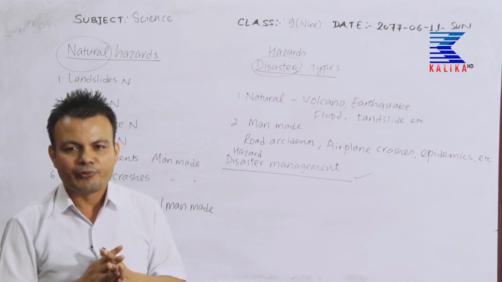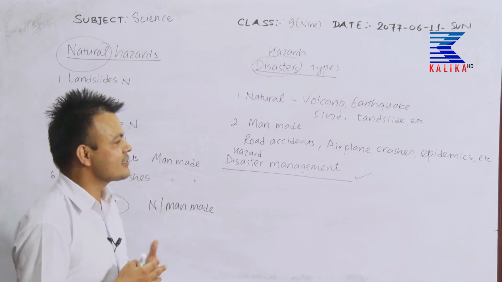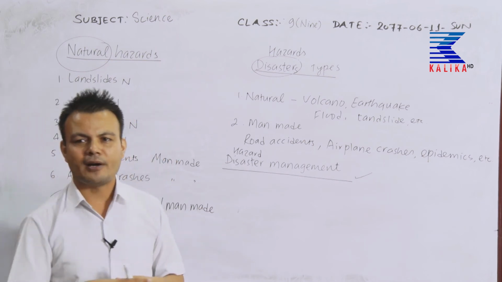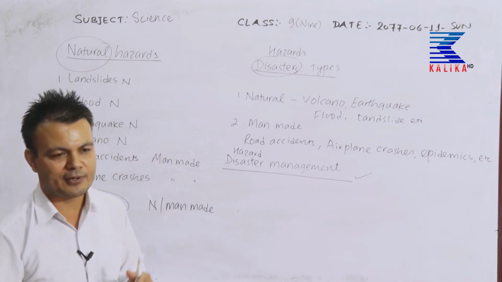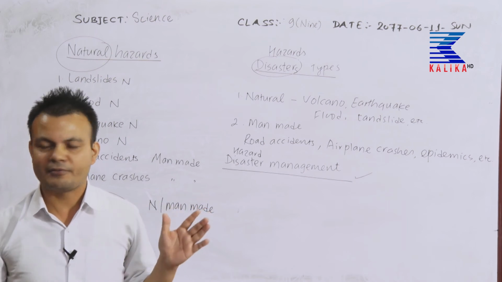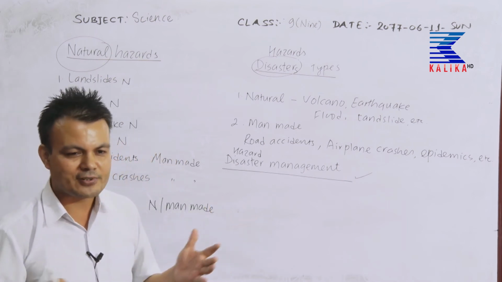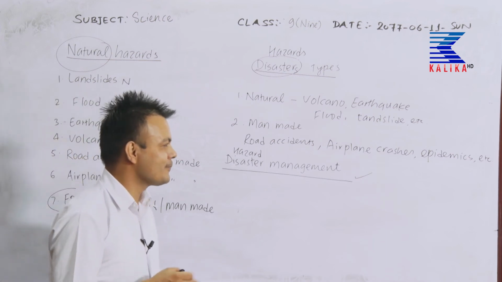But if we practice good management, we can minimize the damage or loss caused by it. We can save the lives of our people, and we can save our properties and infrastructure as well as wildlife.